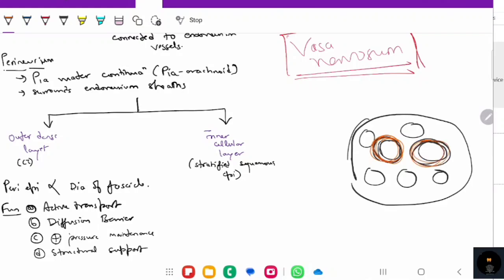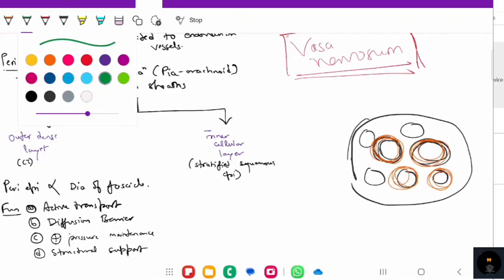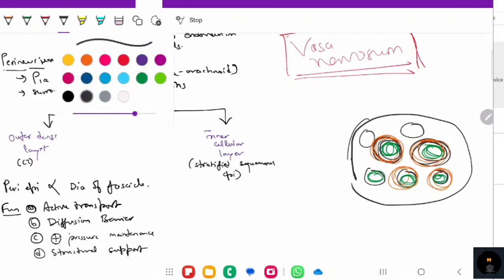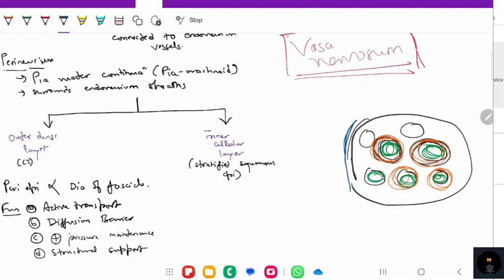So we have perineurium surrounding different nerve trunks. Within them will be your endoneurium surrounding different nerve fibers. Over them is your epineurium.